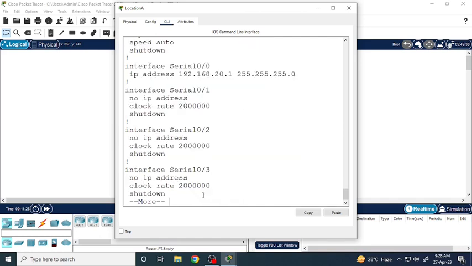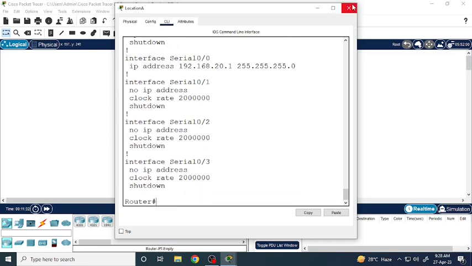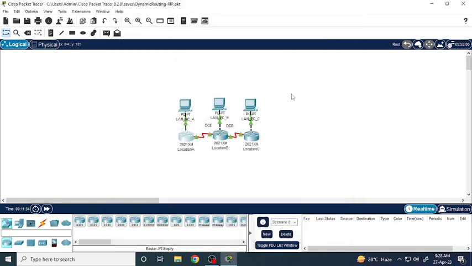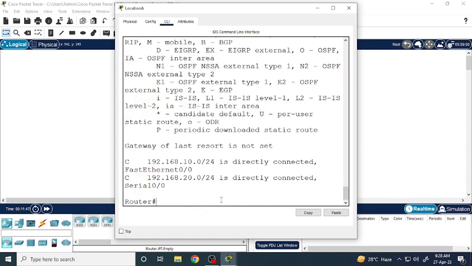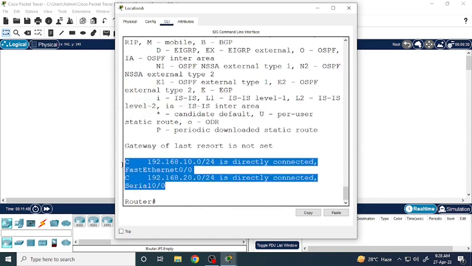The same network IDs are here, but we will be using RIP to propagate our routing tables to other routers. Let's see how we can do that. First, let's check the routing table right now, and as you can see, it only shows the directly connected networks.